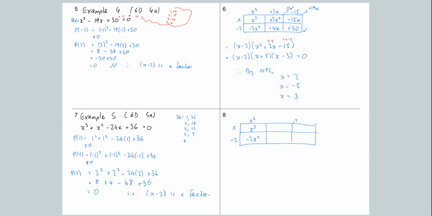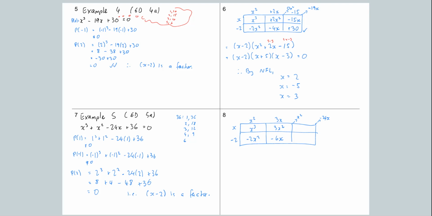Along the diagonal, we are looking for x squared. So I'll need 2x squared to get me back to 0, so I'll need 3x squared to get me to x squared. So there's a 3x squared there. X times 3x will give me 3x squared, and so this is going to be 3x times minus 2, minus 6x. Along the diagonal here, we are looking for minus 24x.